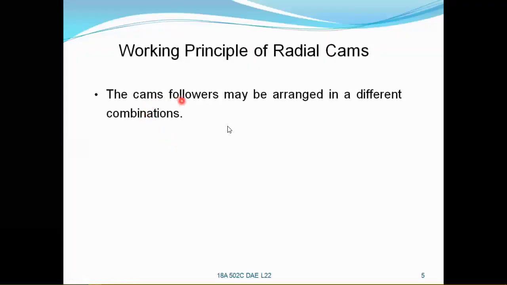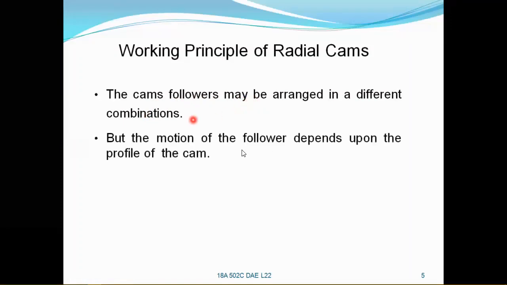The cam's followers may be arranged in different combinations. That means with the radial cam, it may have a knife edge follower, a roller follower, a flat follower, or a spherical follower.